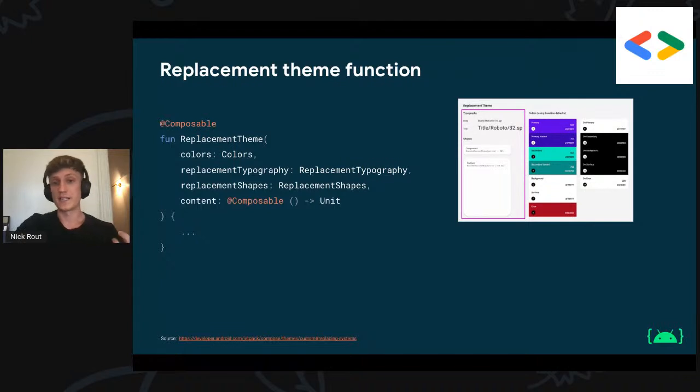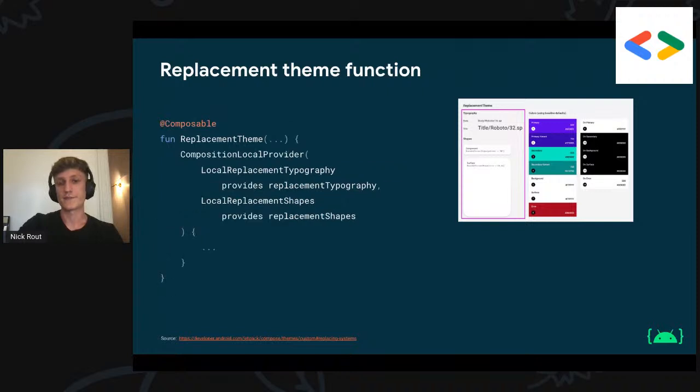We create this replacement theme function again, and you'll notice here that the parameters only accept the material colors parameter. There's no material typography or material shapes. Instead, we pass through our own implementations of these, as well as the content parameter. We then use composition local provider again to provide our local replacement typography and replacement shapes.